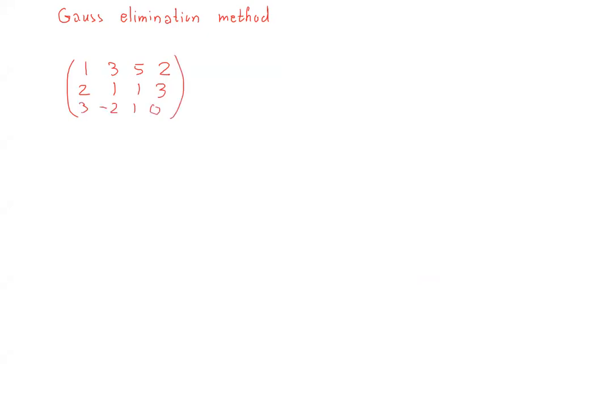So I start with a generic matrix like this, and we're allowed to perform 3 types of row operations. We will call them row operations.